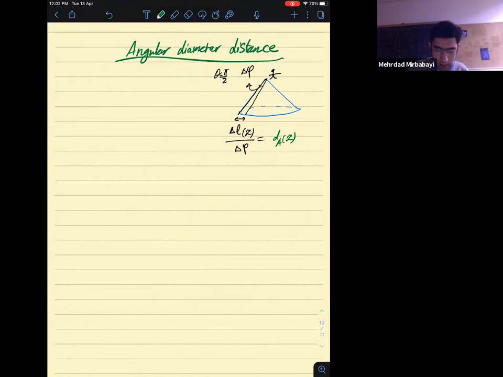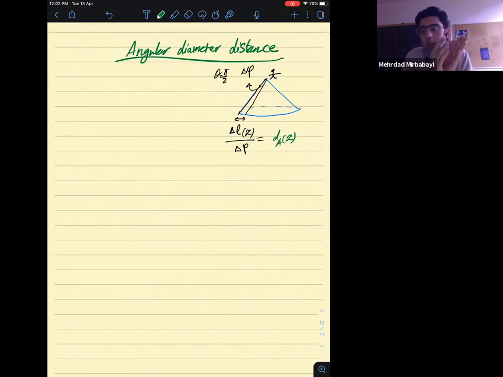Now this is relatively easy to determine just by looking at the form of the metric. As I send these signals to the past, the phi coordinates remain the same because of isotropy.